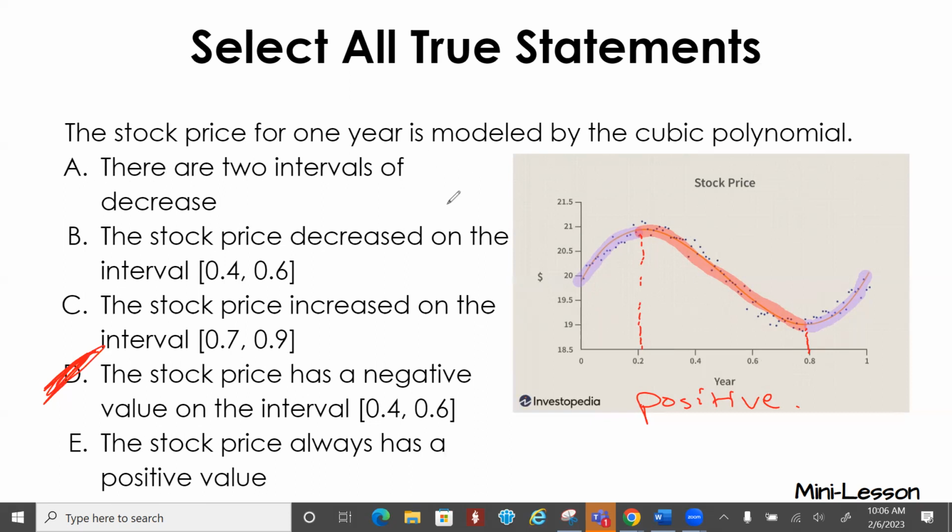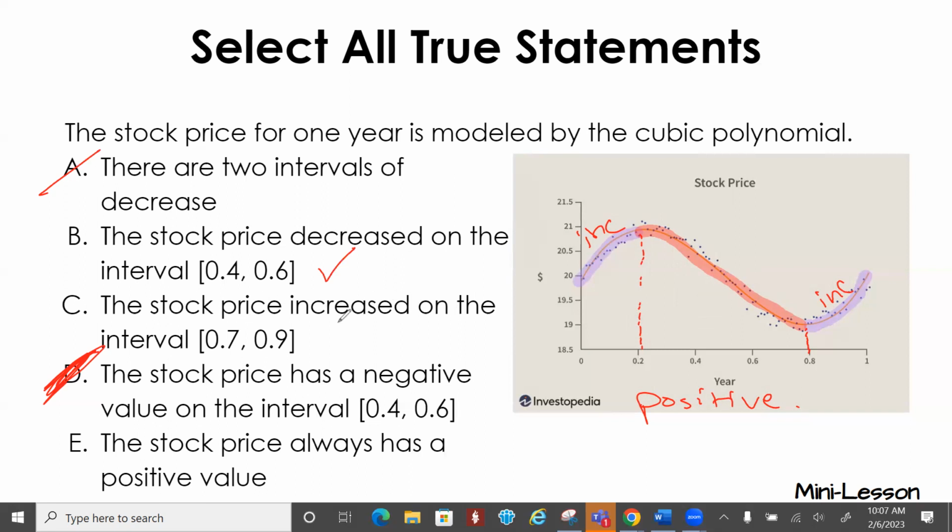Is that a true statement? No, we've got two increasing, right? That's not true. B says the stock price decreased on the interval 0.4 to 0.6. Did it decrease? Yeah, it did. That's a true statement. Now, it didn't include the whole thing, but that's okay.